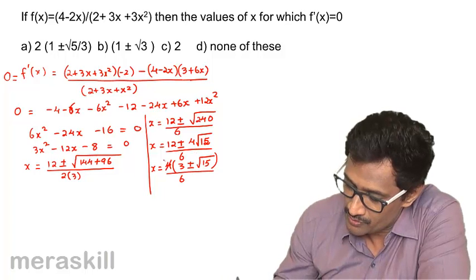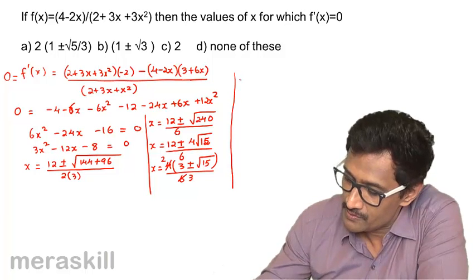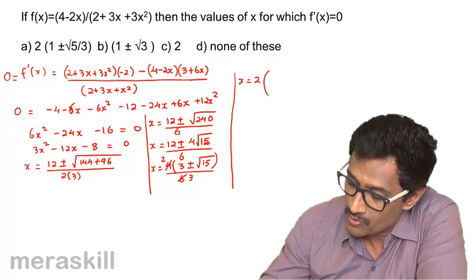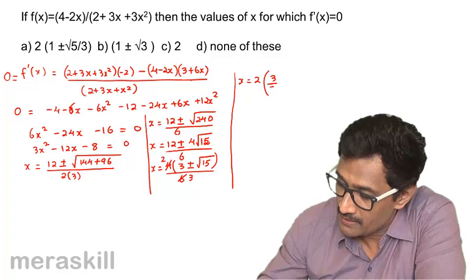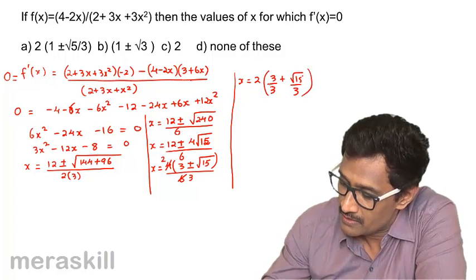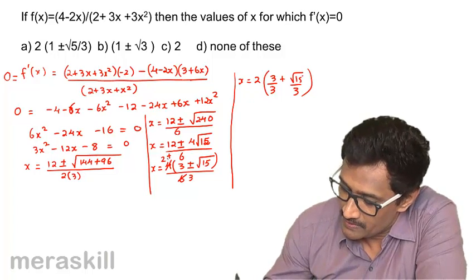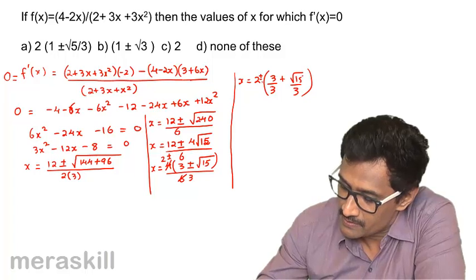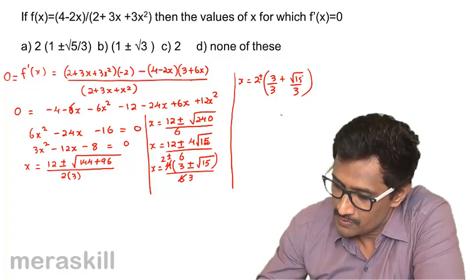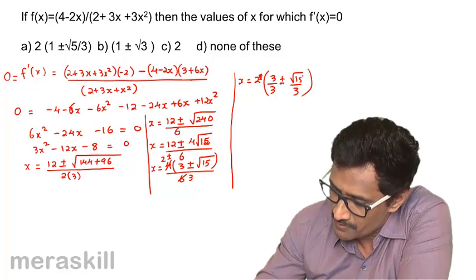So this gives you 2, this gives you 3. Let's simplify this. So x turns out to be 2 into 3 by 3 plus or minus root 15 upon 3. Maybe you've taken a 2 common, so this will be plus or minus.